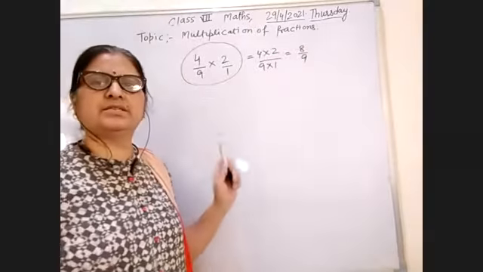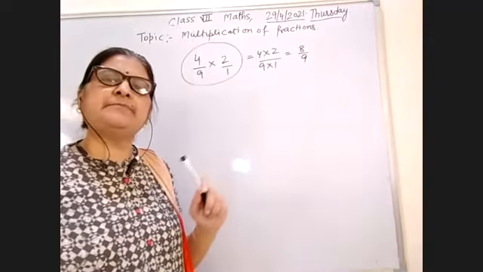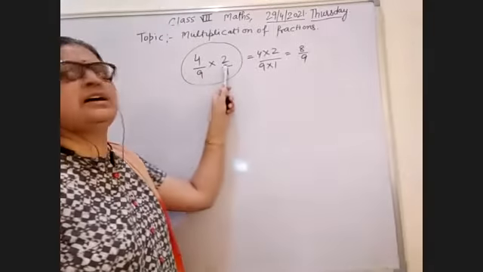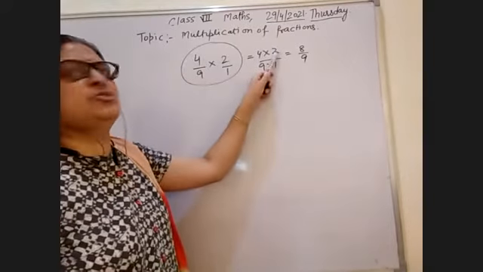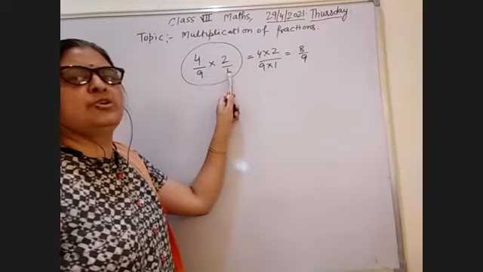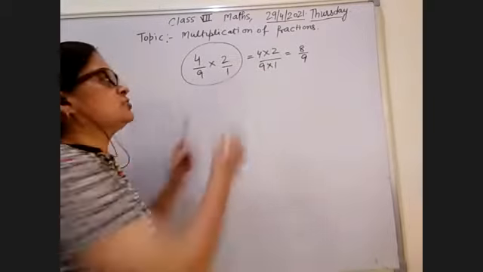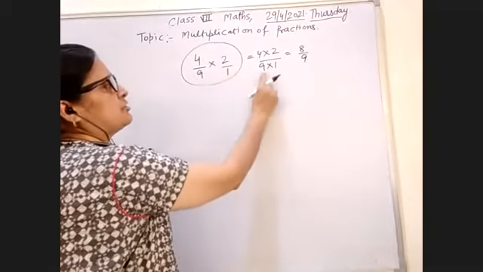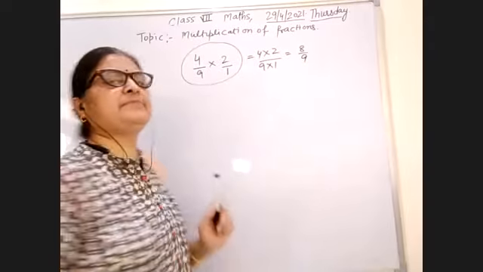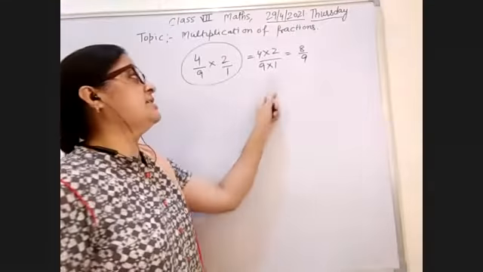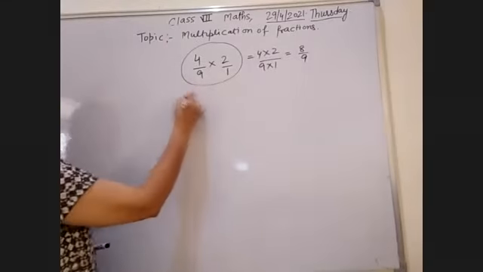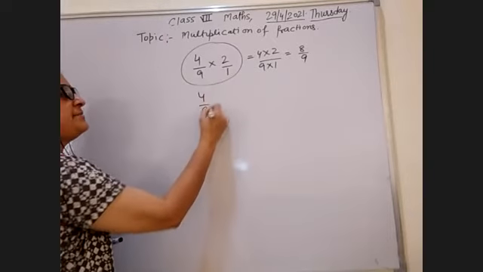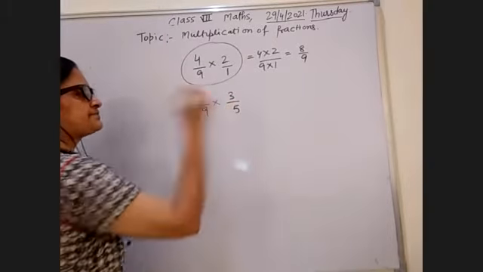This is the rule: how we will multiply the fraction with the natural number. Numerator is multiplied by the numerator, and here the denominator is not given, so I put here 1. So denominator is multiplied by the denominator. 9 ones are 9.